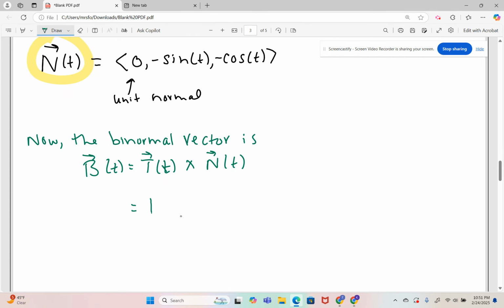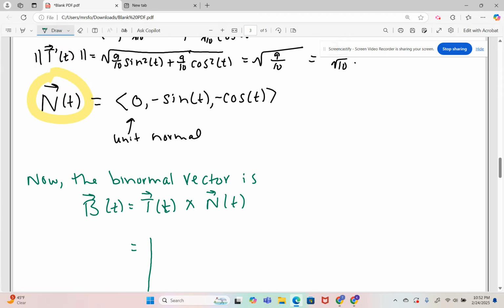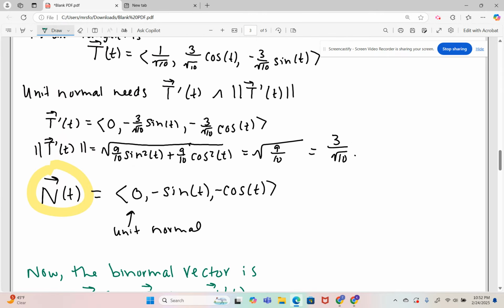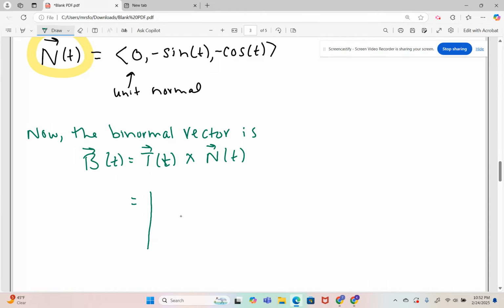So okay, let's see. We had 1 over square root of 10, then 3 over square root of 10 cosine t, negative 3 over square root of 10 sine t.